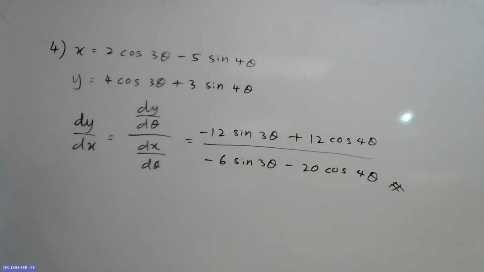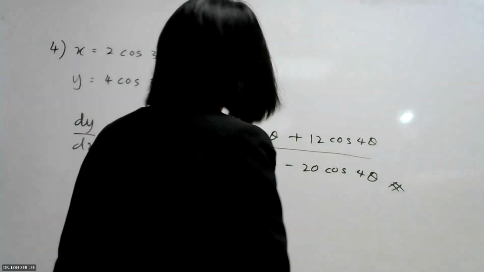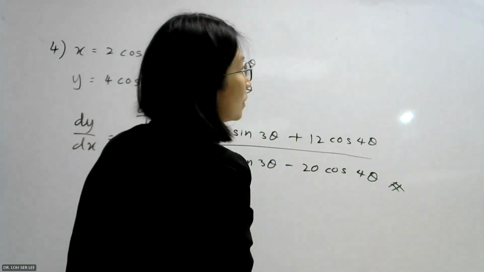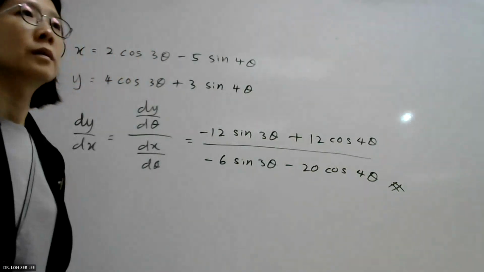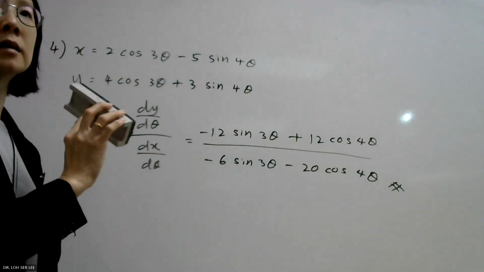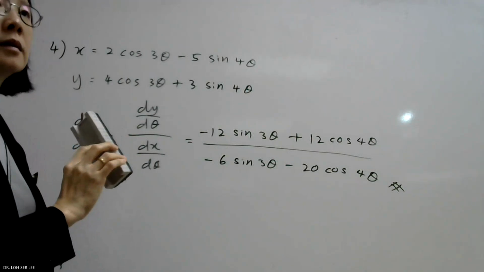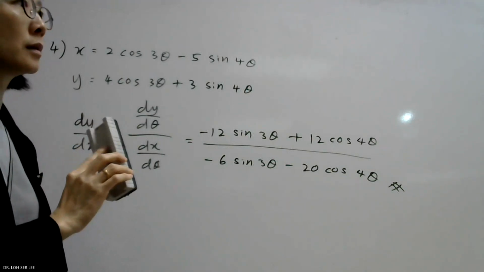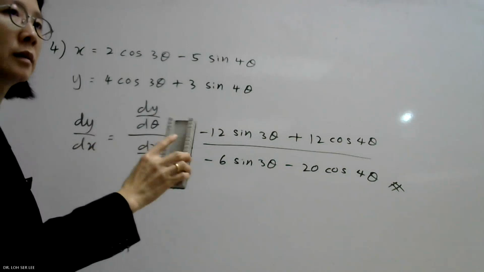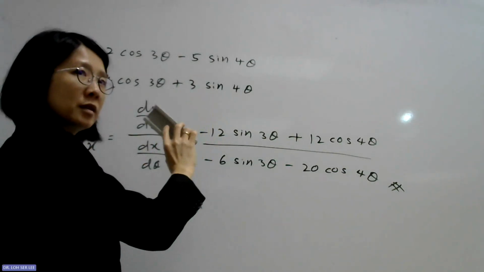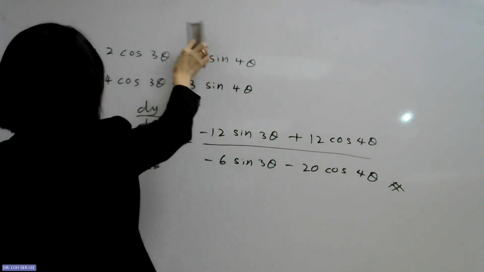So in different situations, we have different methods to get dy/dx. Clear up this?